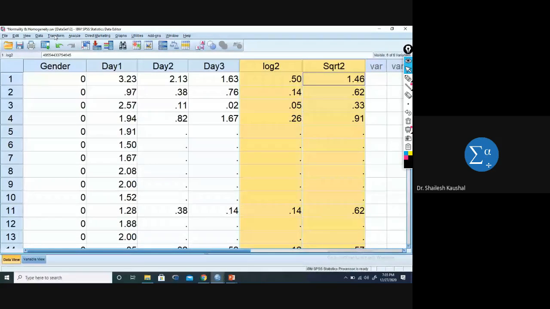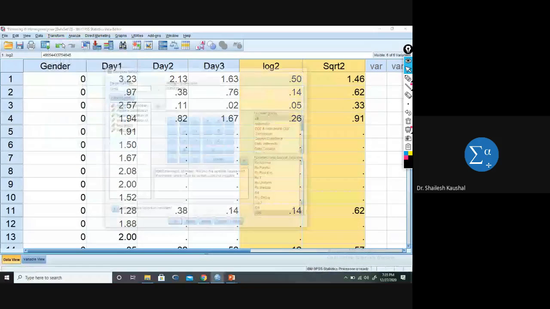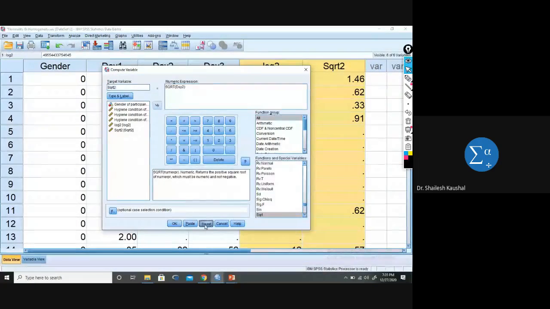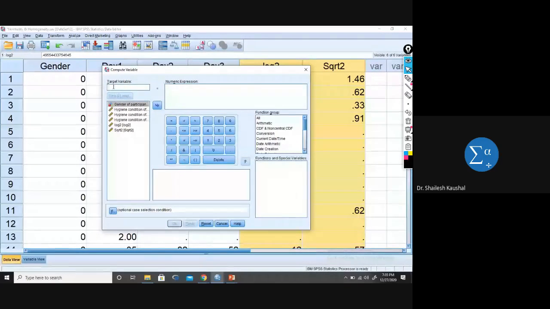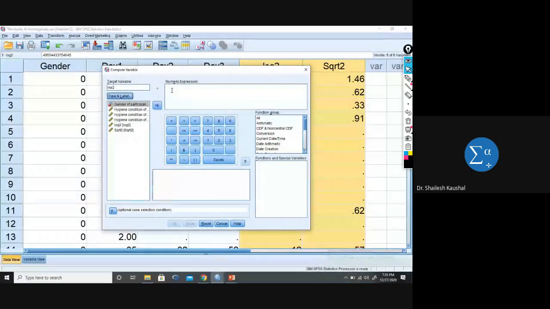And third is inverse root transformation. How do we do it? Transform, compute variable, and reset. ins2 inverse. Okay, and copy it and type and label, paste, and continue. So inverse means it is 1 by this.